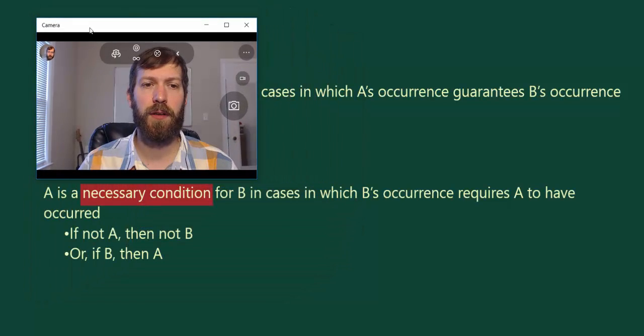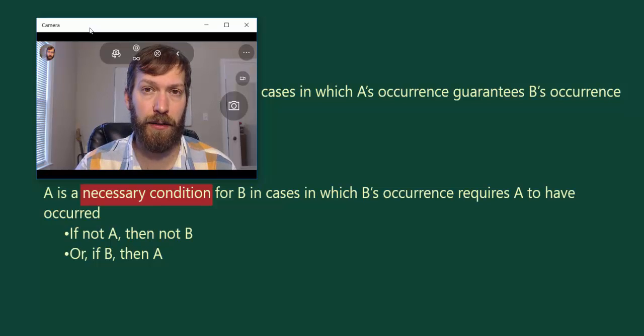A necessary condition, on the other hand, is a requirement. So getting the condition isn't going to guarantee that you have the other condition, but if you don't have a necessary condition for something obtaining, then you won't get that thing. So A is a necessary condition for B in cases in which B's occurrence requires A to have occurred.